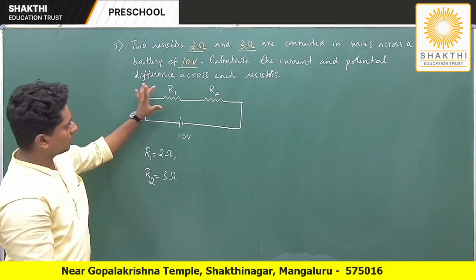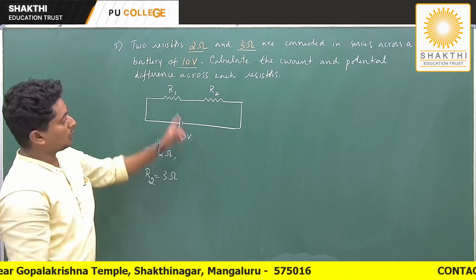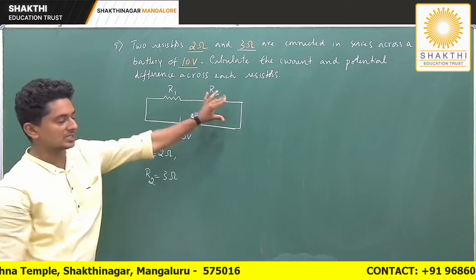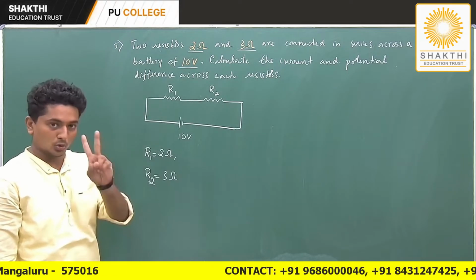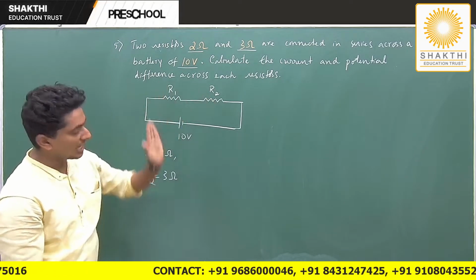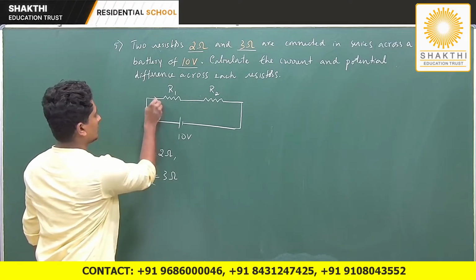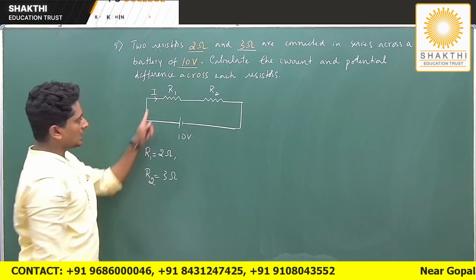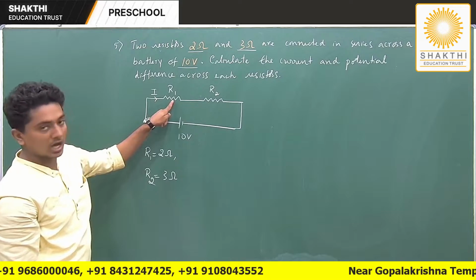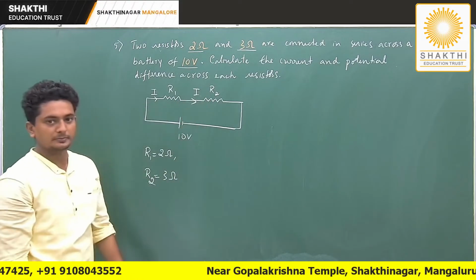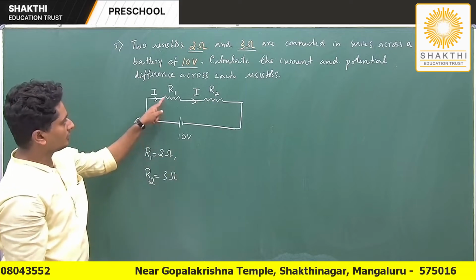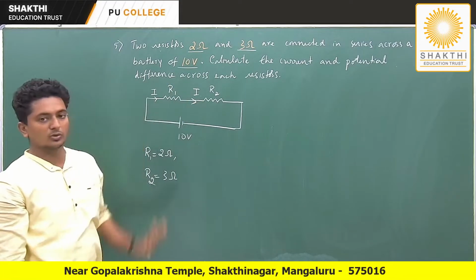Okay. Now here two things you have to remember. When two resistors are in series, same current will flow. Therefore, whatever current is flowing through resistor R1, same current will flow through R2.